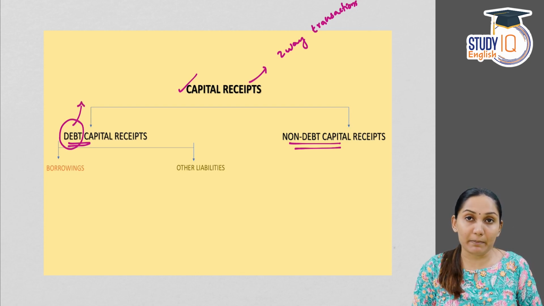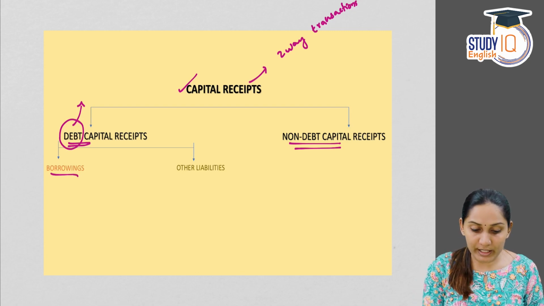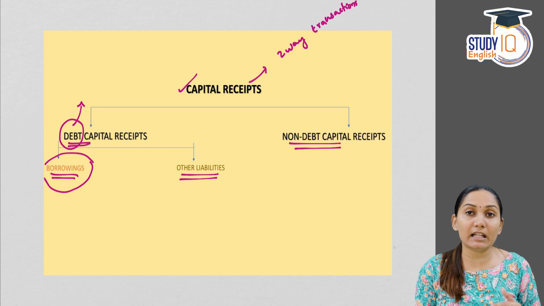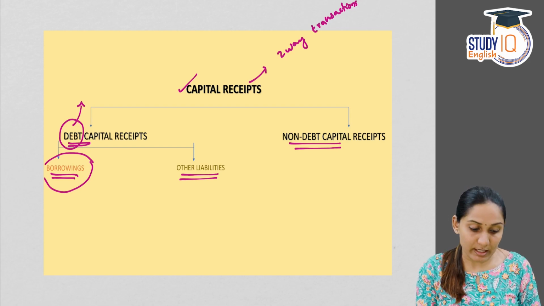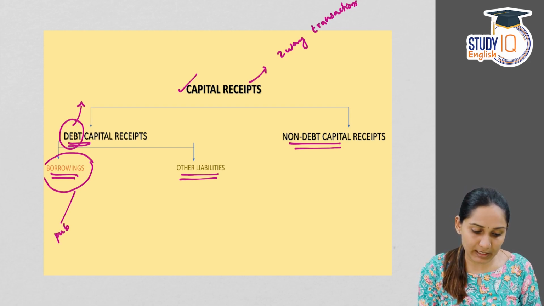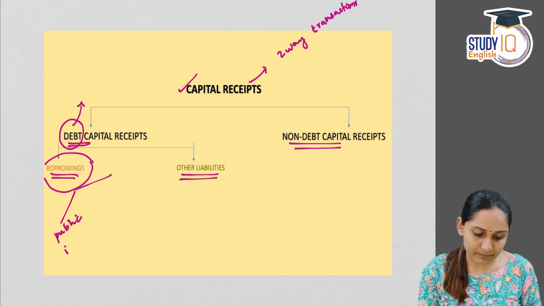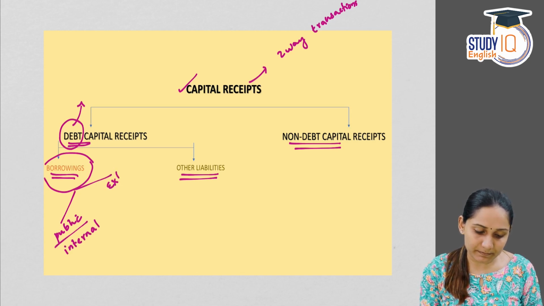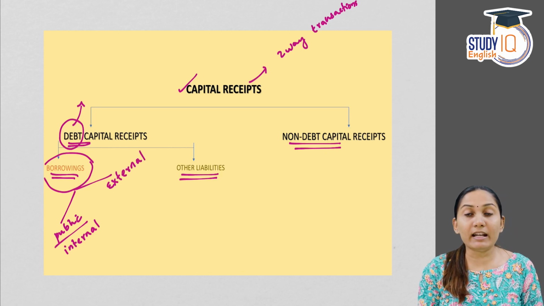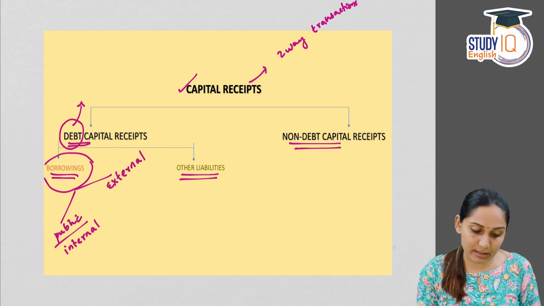Debt-creating capital receipts can be further divided into borrowings and other liabilities. Now, borrowings means the money that the government borrows from various sources. It can be from the public, that is internal borrowing, or it can be external borrowing. If the government borrows from one country, it is called bilateral borrowing.